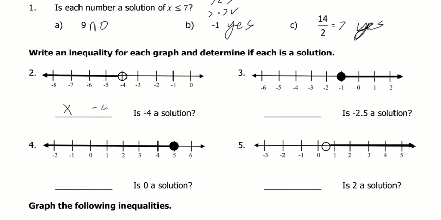So x is everything that is to the left of it, everything smaller than -4, so less than. And since that's an open dot, we don't have a line underneath it. So it's asking, is -4 a solution? Well, since that's an open dot, -4 is not a solution.